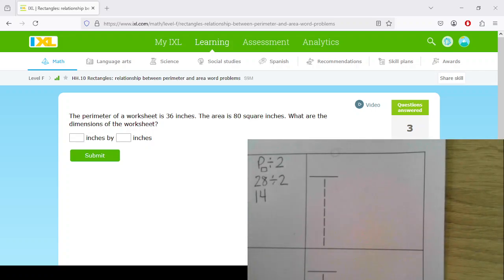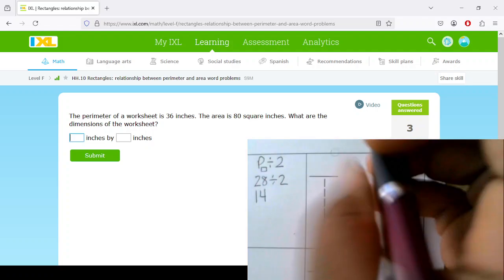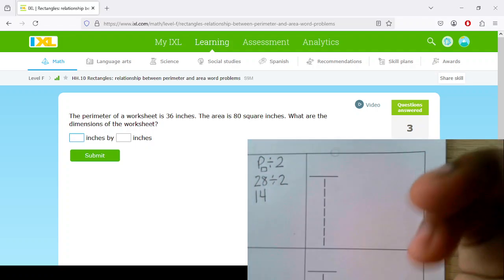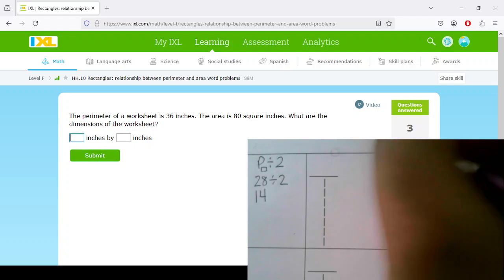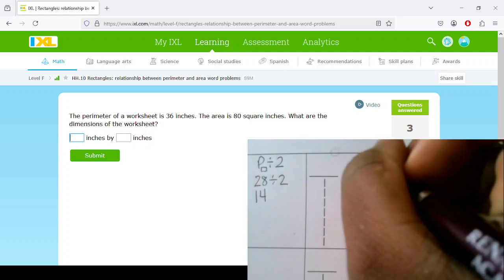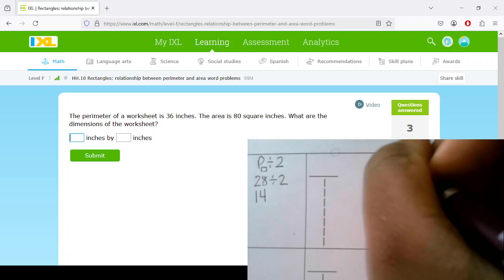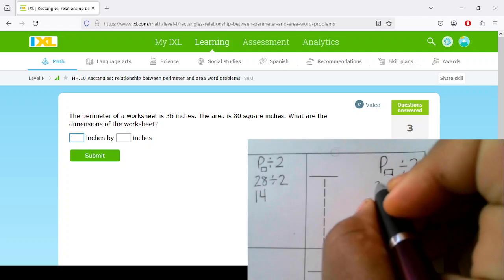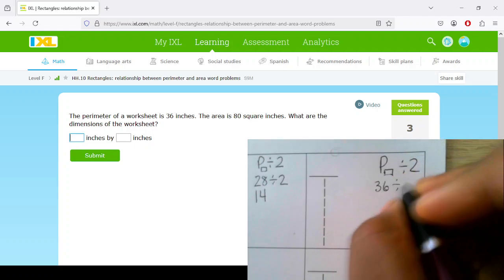So my area number, I don't know the height of this object or the width of this object. But because I know the area and the perimeter, I can find both. The perimeter of a worksheet is 36 inches. That's my perimeter number, and I'm going to cut it in half. So 36 divided by 2.